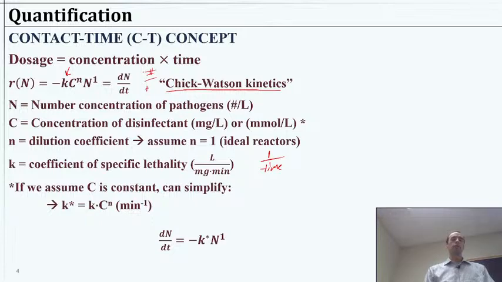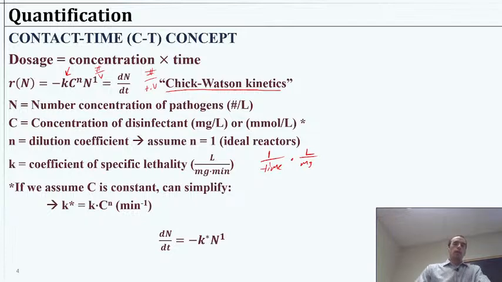Well, let's just look at it this way: number per time per volume, and N has number per volume. So the K normally has to just give us per time, but since we also have this concentration factor in there, it has to have the inverse of that particular concentration. So this K has to have liters per milligram if we're dealing with milligrams and liters.